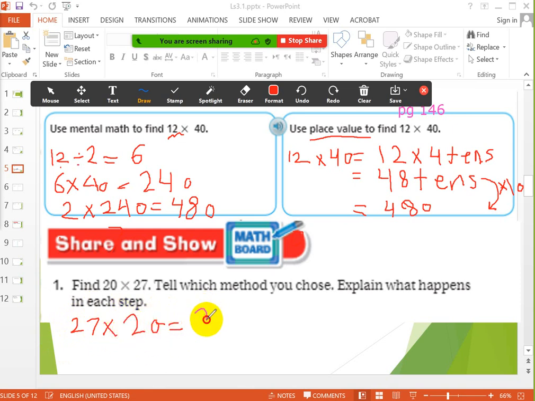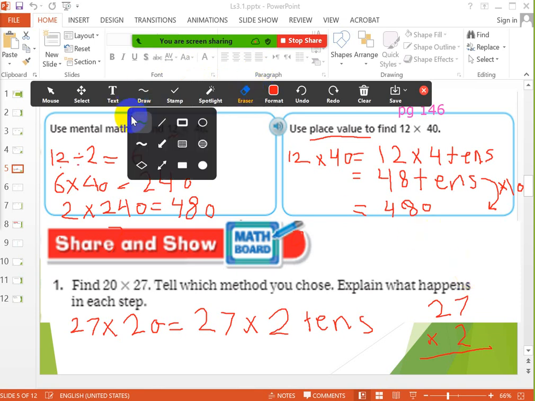So if I want to write it according to the value, it will be 2 tenths. Now, can I multiply 2 with 27? Very easy for me. If I do it as we learned in regrouping, 2 multiply 7 equals what? 2 multiply 7 equals 14.